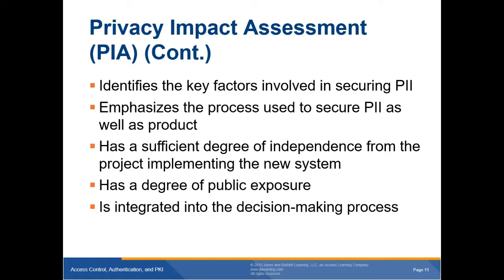Structure of the PIA. Summary of the systems under analysis. This section should include a physical or logical description of the particular systems being analyzed, such as RFID badges, and the intended purpose. This section also should include owners or stakeholders. List of information to be collected, including specific examples of information that will be collected.